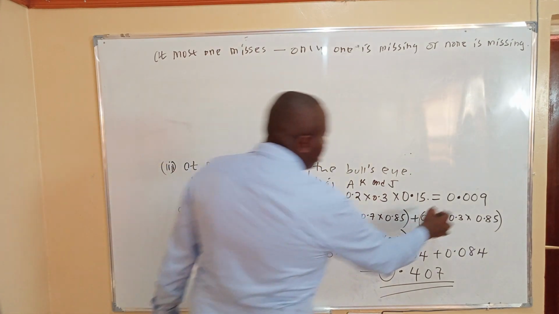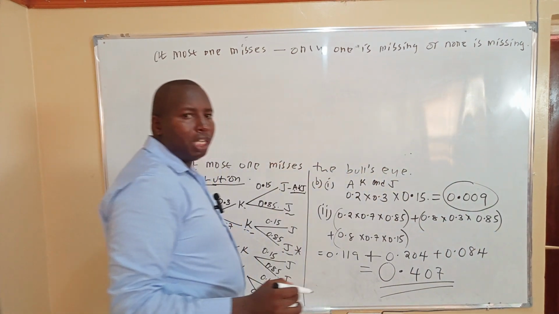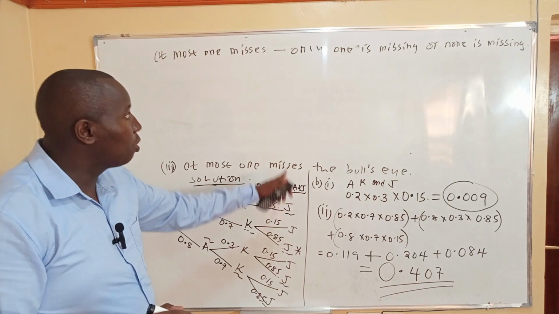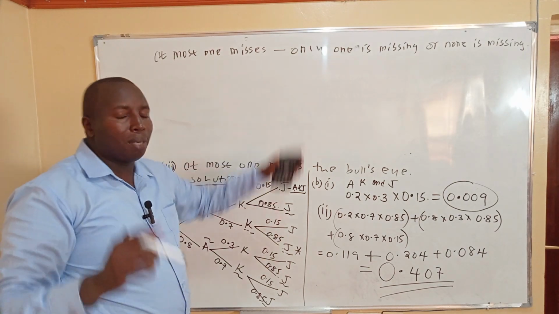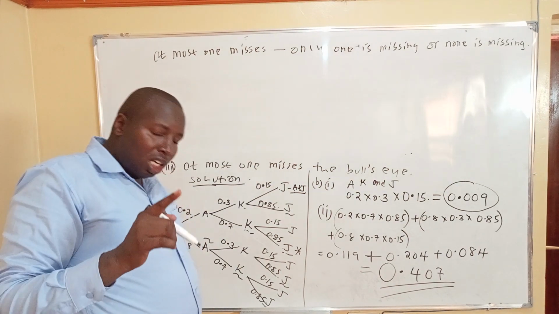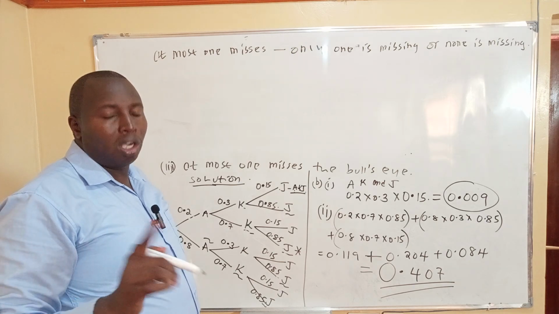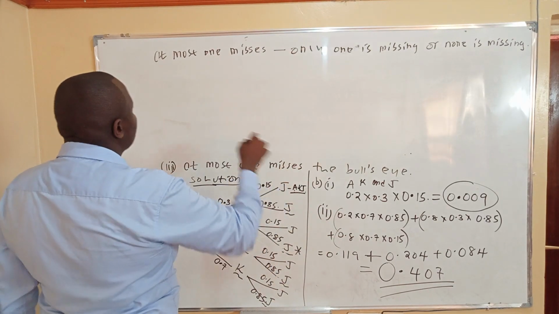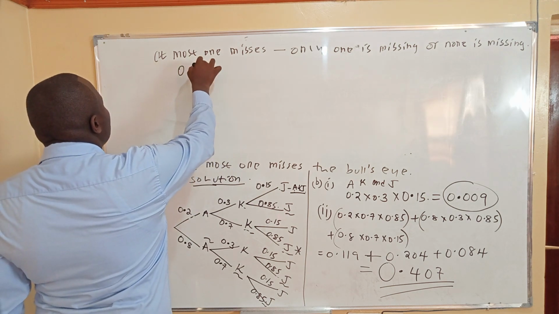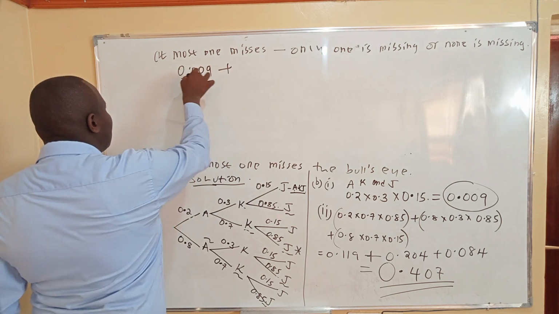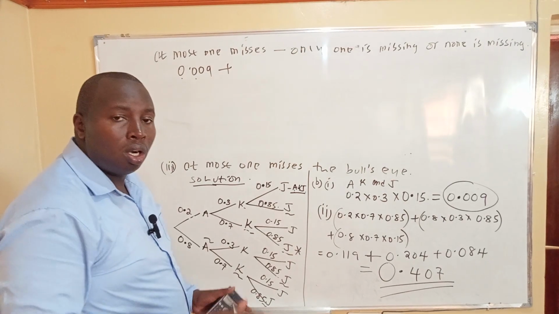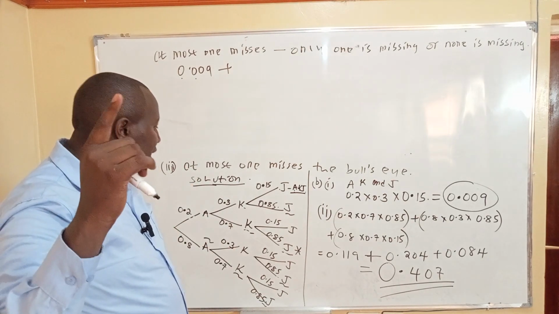We had that probability, all hitting the target, because it is part of this: at most one misses. One missing or none is missing. So we have 0.009, this is all hitting the target. Or two hitting the target.